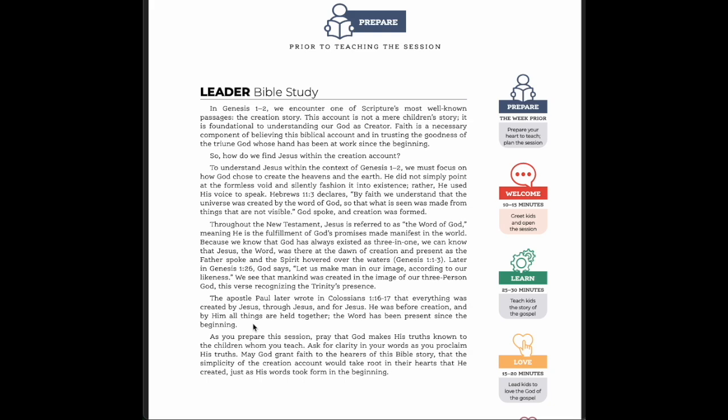The adult version will be a little different, but you'll already have been able to review this lesson with your Lighthouse. So you should be pretty familiar with it. But at the end of this page, there's a prayer prompt for the kids and for yourself. And you could also pray for their individual prayer requests and take time to reach out to families that have been absent for the previous week.